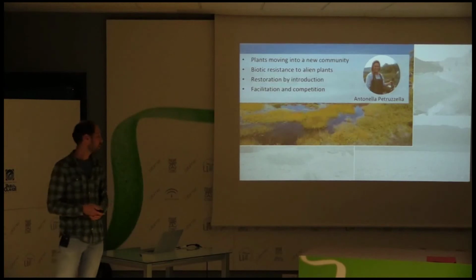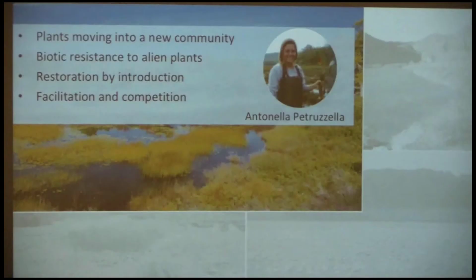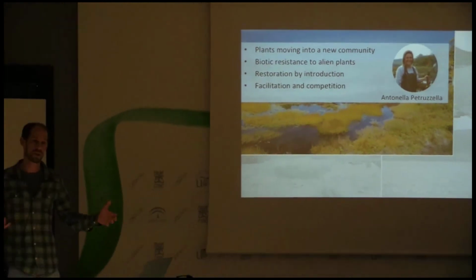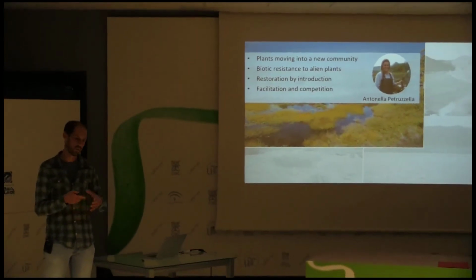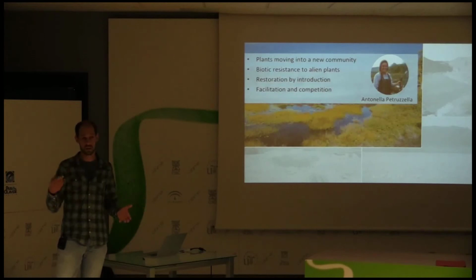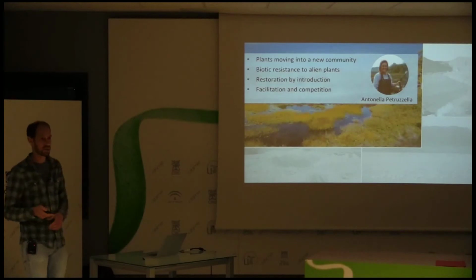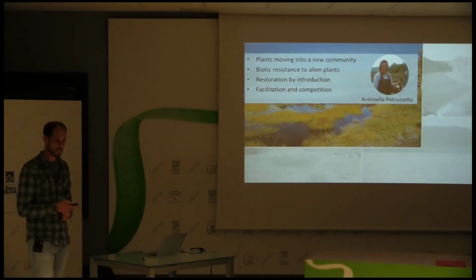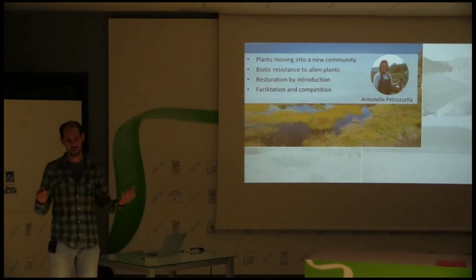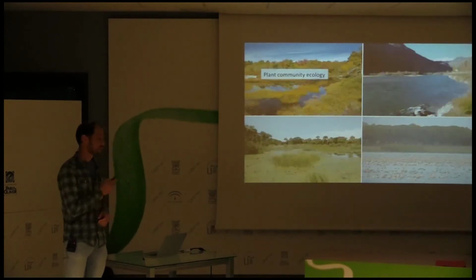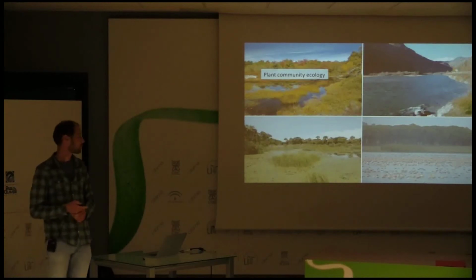So with a PhD student in the Netherlands, Antonella Petrozzella, she's doing work on the biotic resistance hypothesis, basically stating that if an alien plant species arrives into an existing plant community, how important the species richness in this plant community is for the alien to establish. So that all has to do with facilitation and competition of plant communities. And also, if you try to restore an aquatic system, what kind of plant species should you deliberately introduce to accelerate this restoration? So that's basically a plant community ecology part of my work.